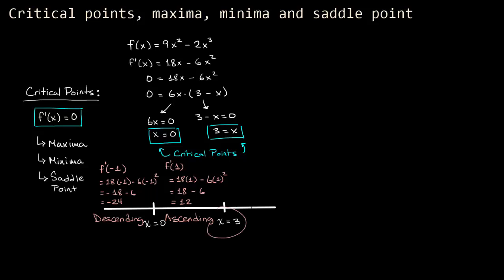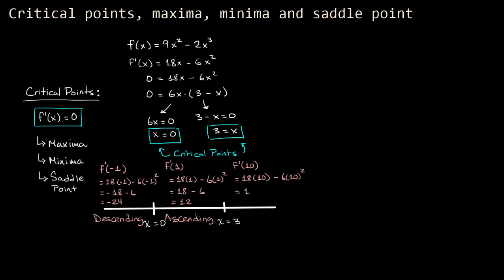Then after the 3, let's pick a value on the derivative to evaluate. Let's say f prime of 10, which would be 18 times 10 minus 6 times 10 squared.